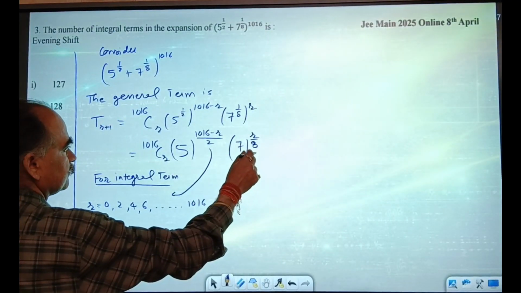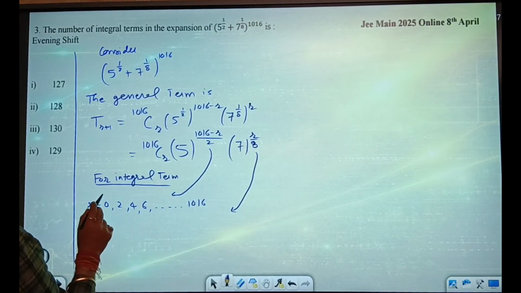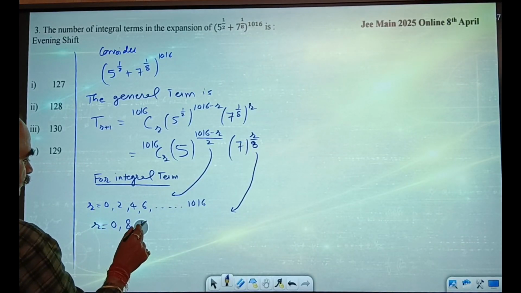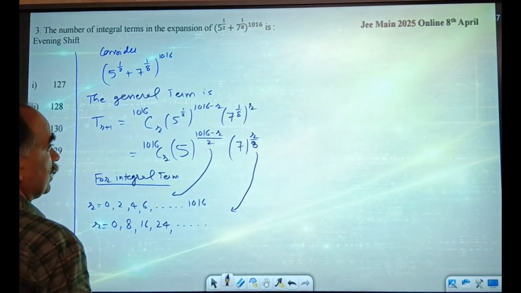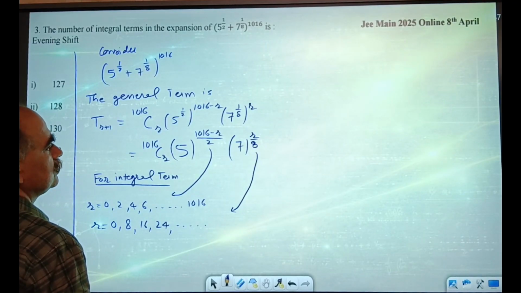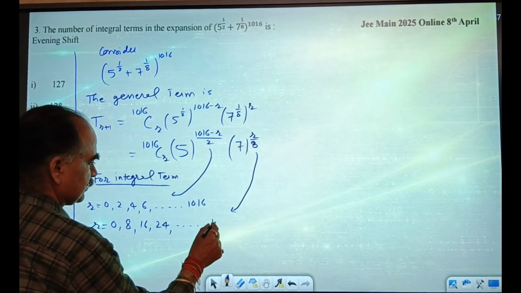And for R/8 to be an integer, R must be 0, 8, 16, 24. 1016 is also divisible by 8. So the last number is 1016.